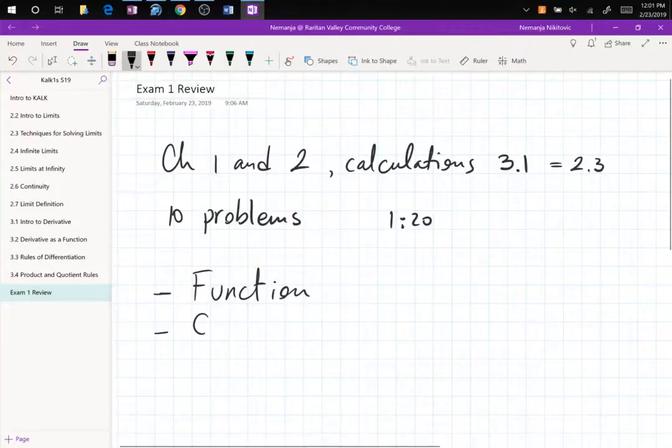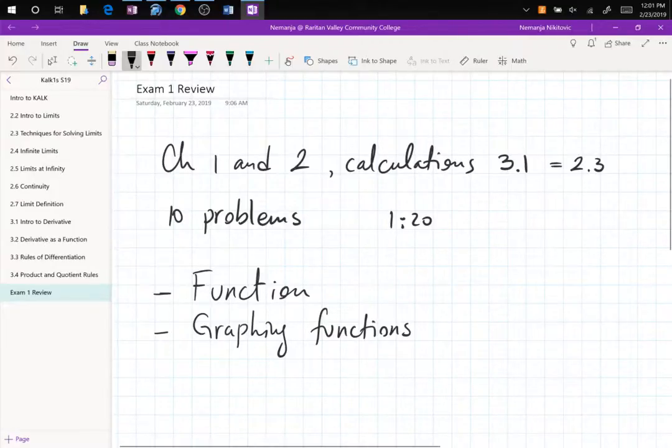And then we have graphing functions. Please note that the college policy is no graphing calculators on exams. You need to be able to graph.